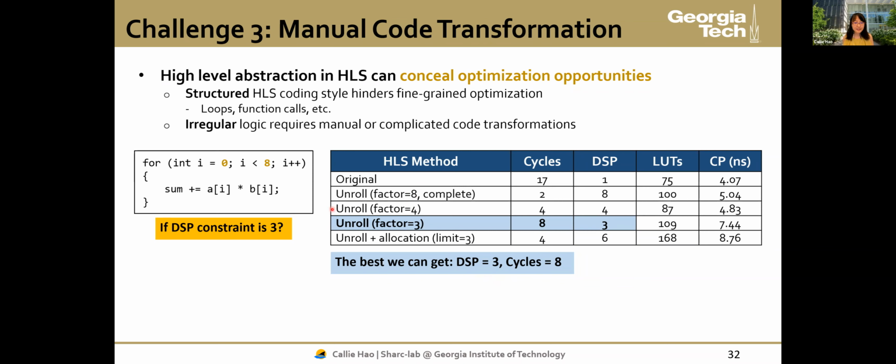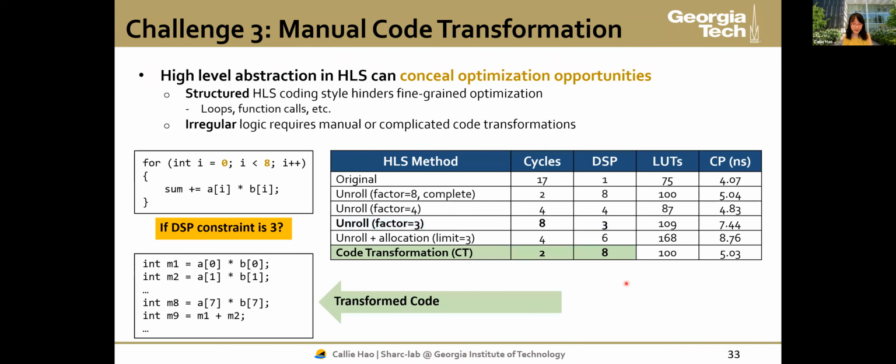And we can see that in this naive, or let's say default, HLS solution, the best we can get is, okay, we can use 3 DSPs, but the number of clock cycles is 8. These are produced by the Xilinx HLS tool. So this is the best we can get: 3 DSPs, 8 clock cycles. But are we happy about this result? Probably we can do better.